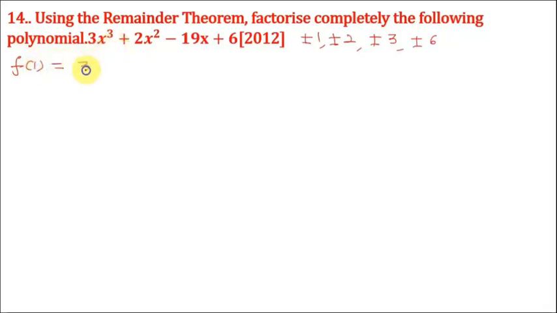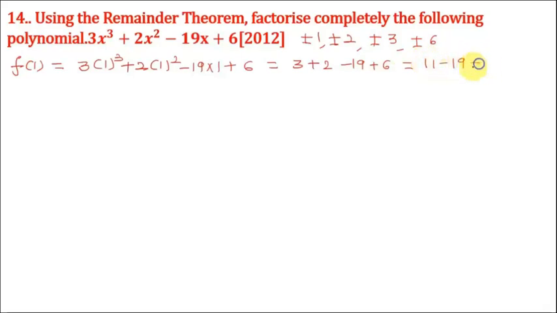Replace x by 1, that is 3 into 1 cube plus 2 into 1 square minus 19 into 1 plus 6. So 3 plus 2 is 5, 5 plus 6 is 11, minus 19 equals minus 8, which is not equal to 0, and hence x minus 1 is not a factor.